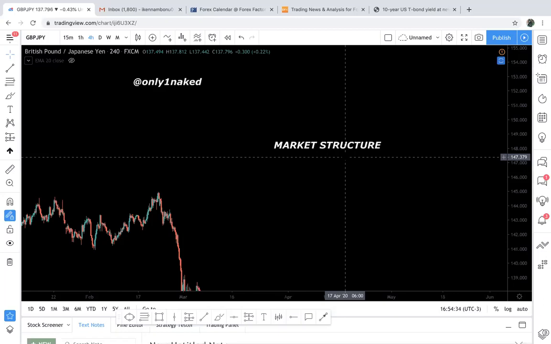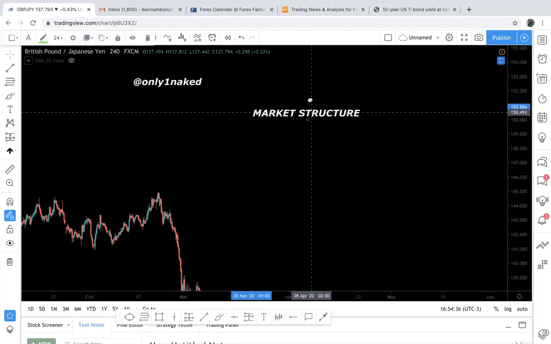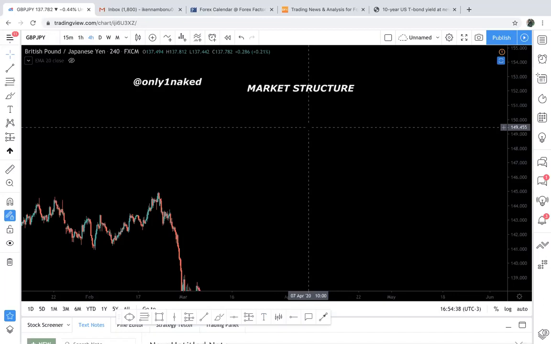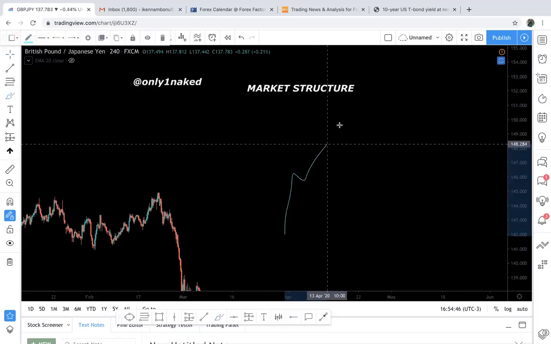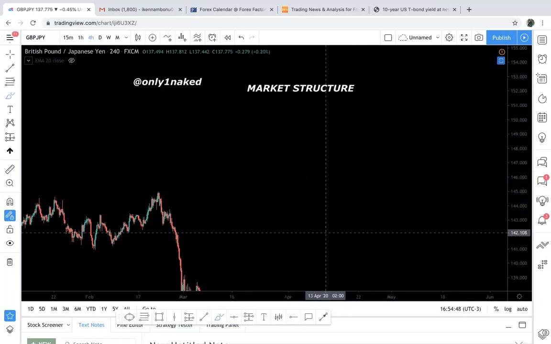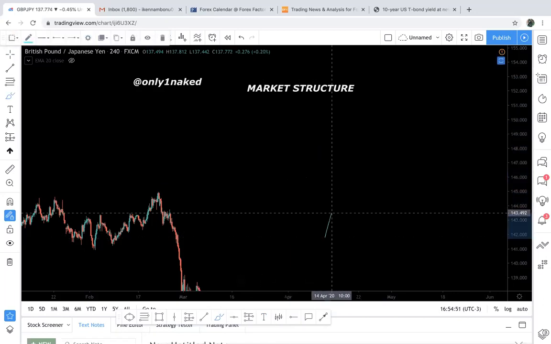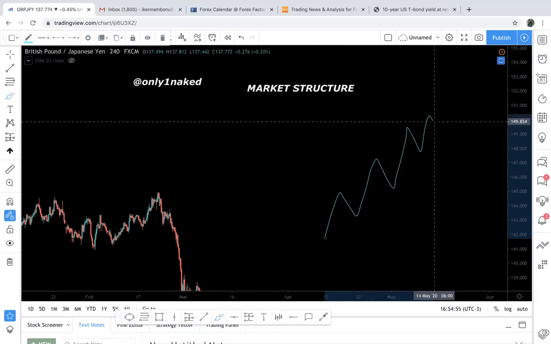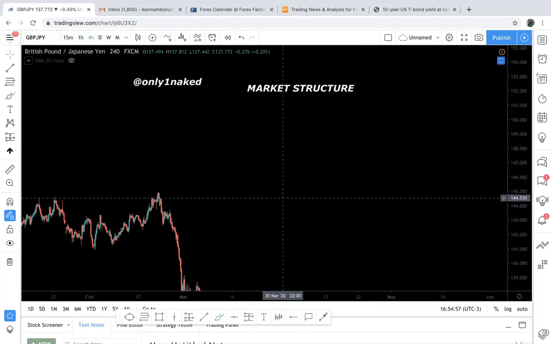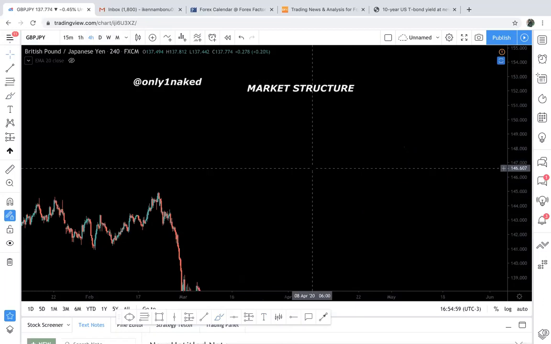All right. Market structure is how we identify the way the market is moving from a particular high to a particular low. We don't see price action just going up in one direction. It doesn't happen like that. Price moves in impulse and correction, and we can easily identify a trend using this market structure.